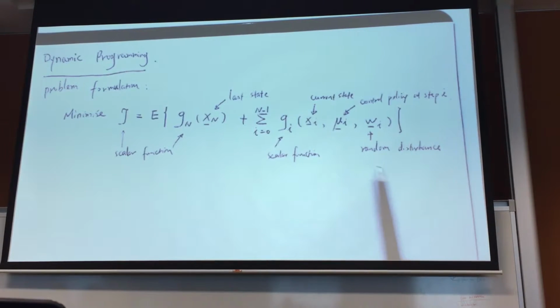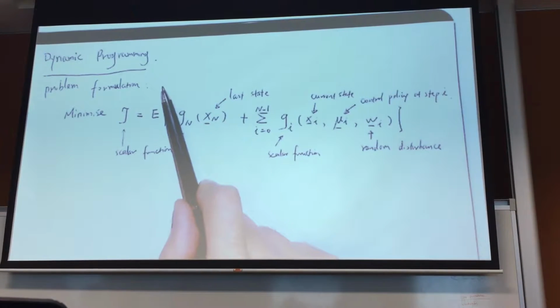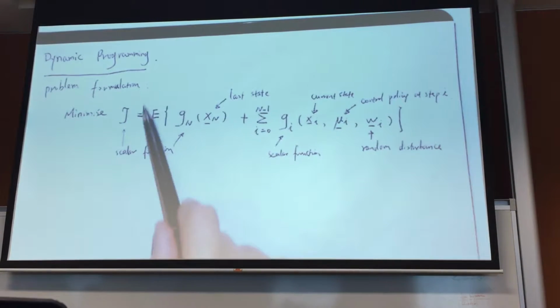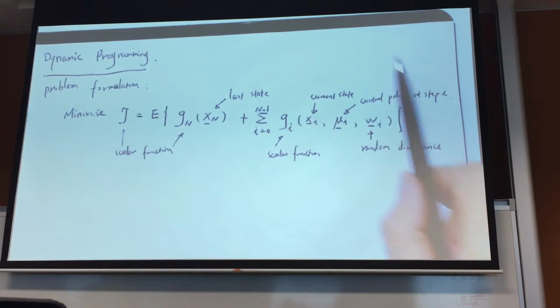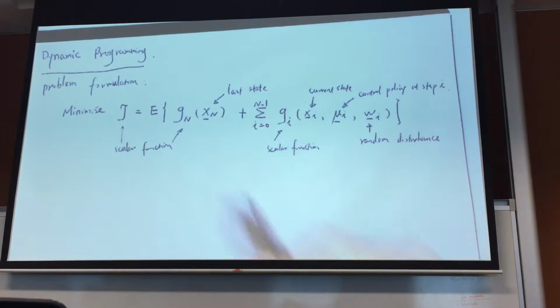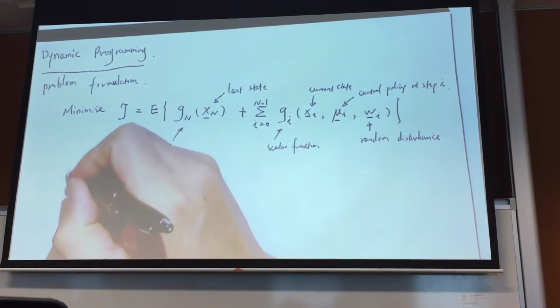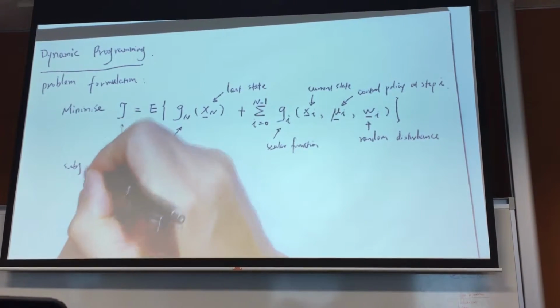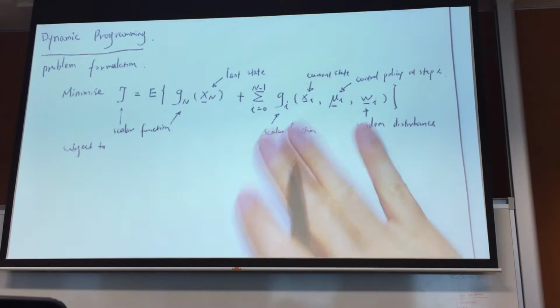And here, because we have a random variable, we evaluate the expectation, corresponding to the average of the effect. So the cost function is subject to the dynamics of the system.